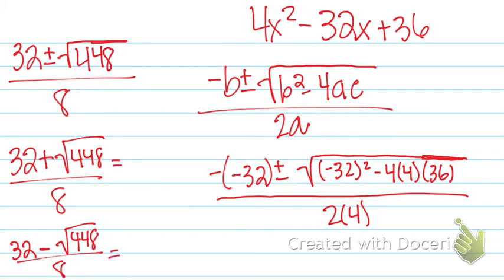You should also get two decimal places. Two answers in decimals, round to one spot. All right, so 6.6, 1.4.